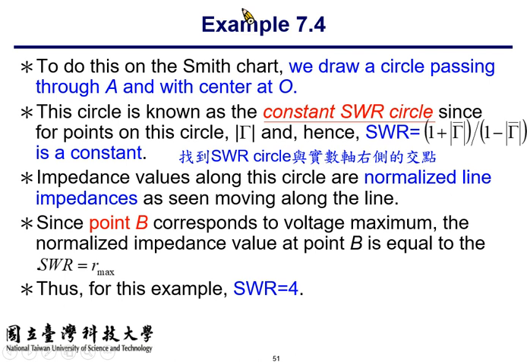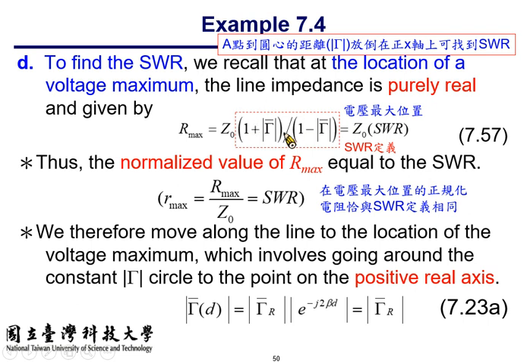compass. What's the English word for compass? I suddenly forgot. It would be more convenient if you bring a compass. Okay, the circle is known as the constant SWR circle, as I already mentioned. Find the intersection of the SWR circle with the right-hand side of the real axis, and we label this point B. According to the ticks on the real axis, the SWR value equals 4, which can also be found by knowing the magnitude of the reflection coefficient.